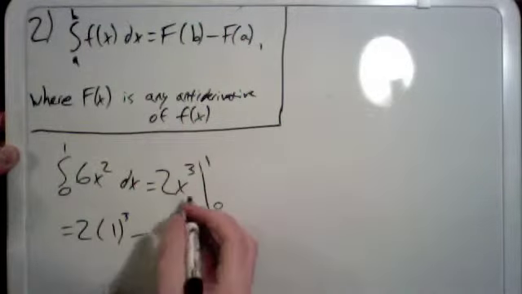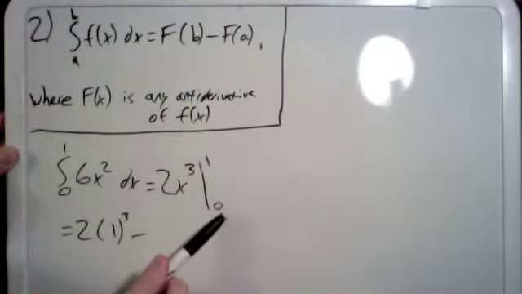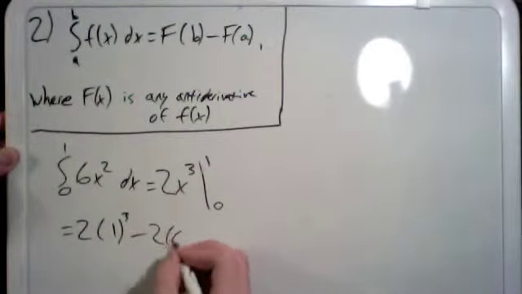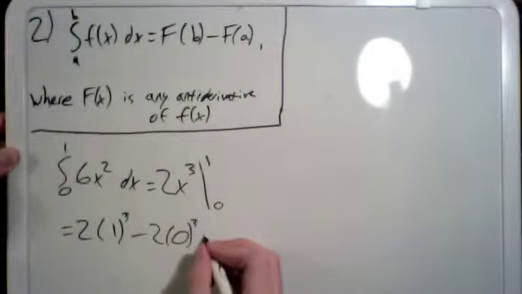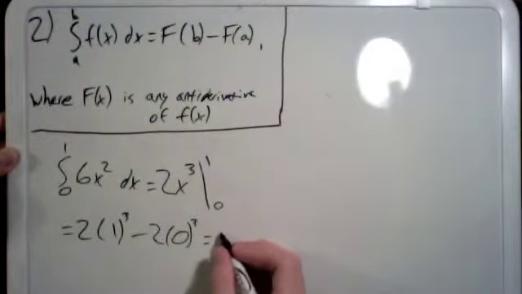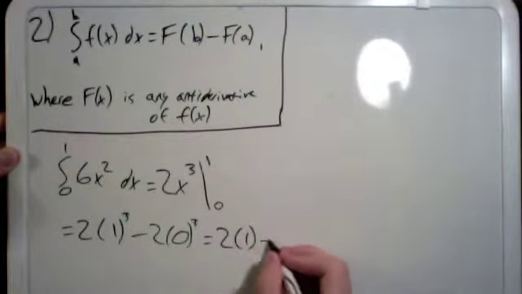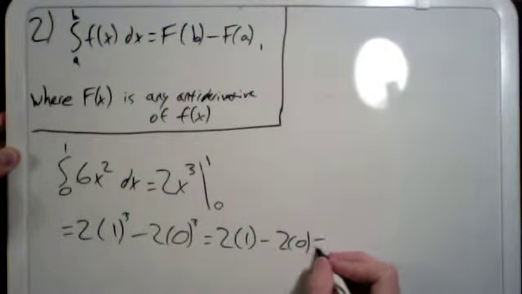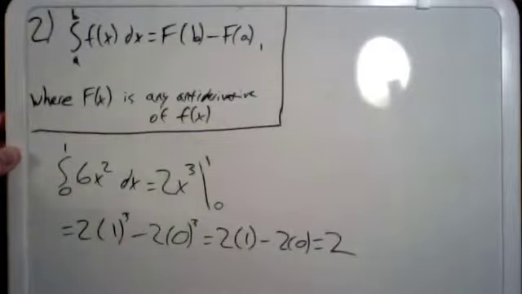We subtract uppercase F of x at the lower bound, 0. So 2 times 0 cubed, that's equal to 2 times 1 minus 2 times 0, which is just going to be 2. And that's how you solve a definite integral.